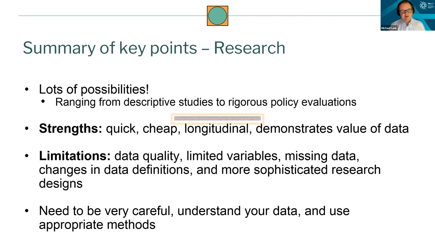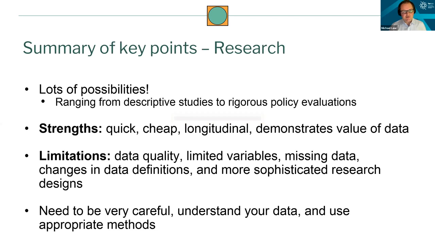And this is only going to increase as we get better electronic medical records and other data sources that become linkable and analyzable. There's a lot of strengths that you can lean on when you use routine health information systems versus other methods of data collecting like household surveys. They're quick because you just take them from the existing data system. They're cheap because they've already been collected, so you don't have to pay for that data collection.